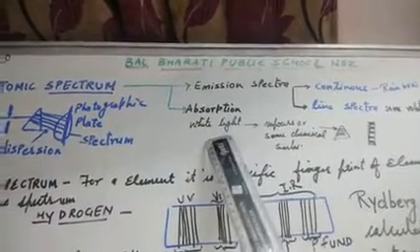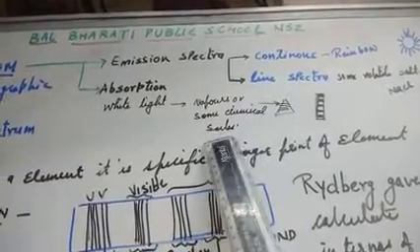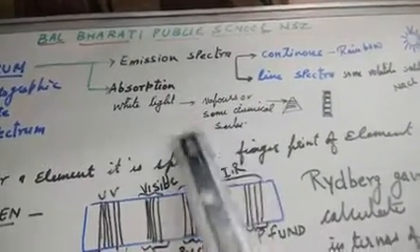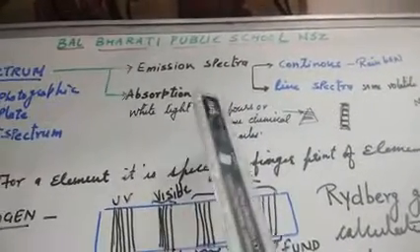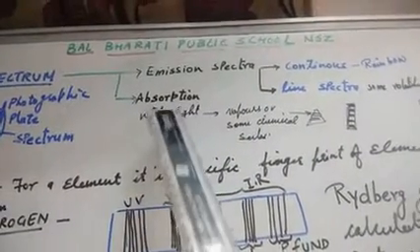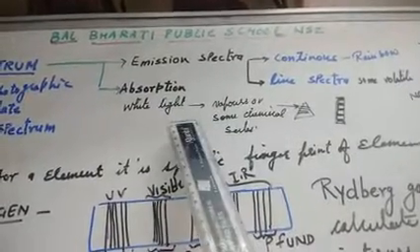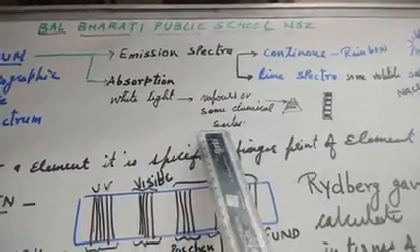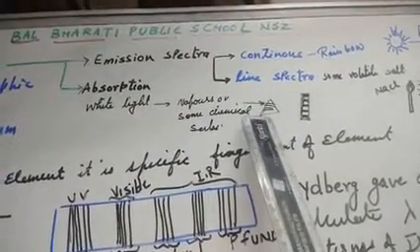Firstly, that white light is passed through the vapors of some chemical substance, or through the solution of some chemical substance taken in a beaker or anything. When this white light is passed through those vapors or solutions, then that white light is taken on a prism.